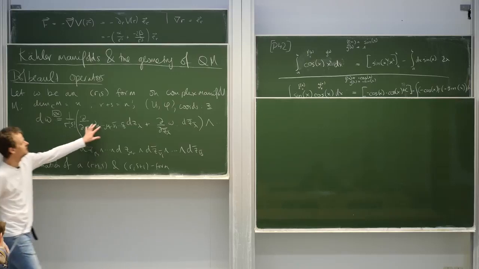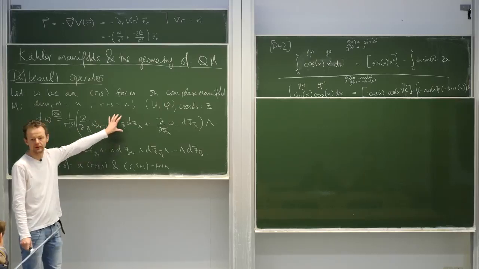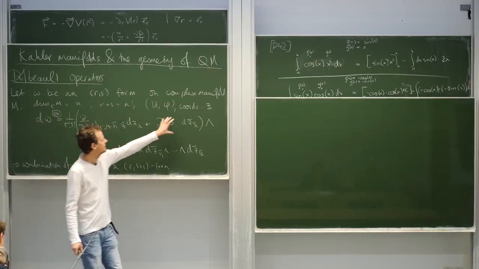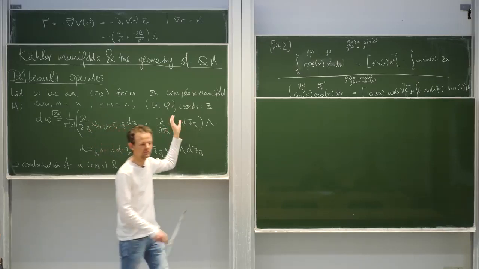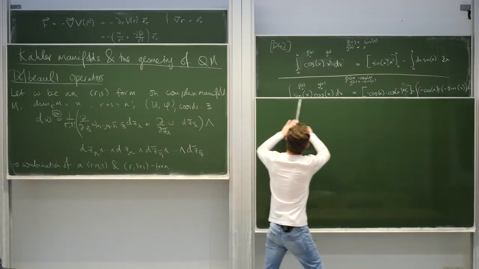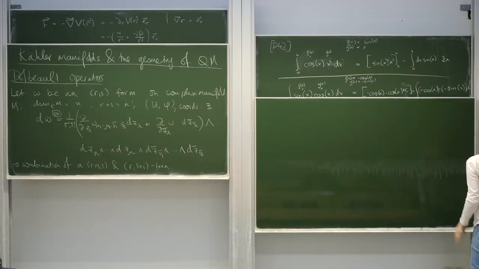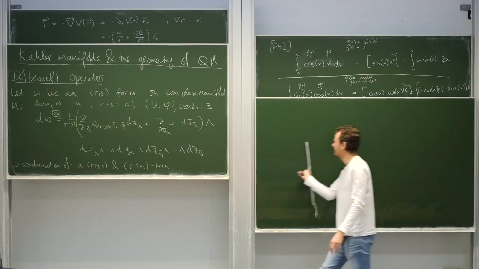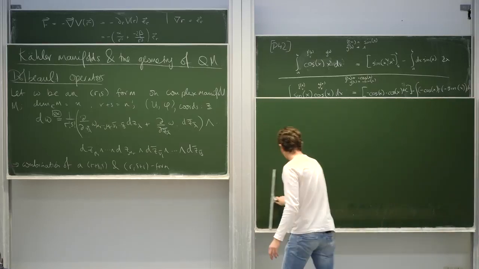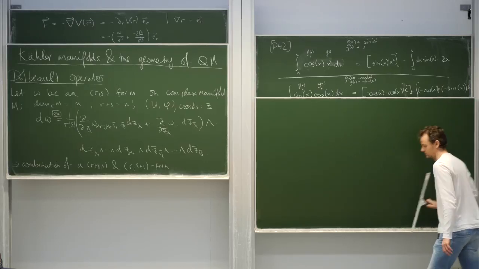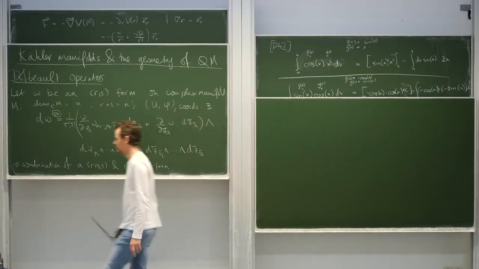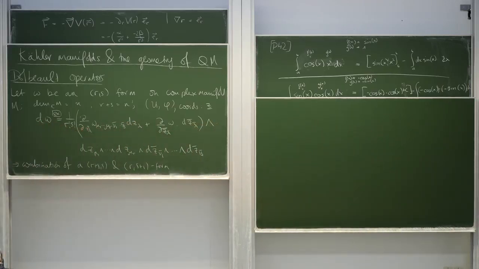If you like, this first term here is like a holomorphic exterior derivative, and the second thing here is like an anti-holomorphic exterior derivative. And we're going to capture that by introducing two new linear operators, exterior derivative-like operators.